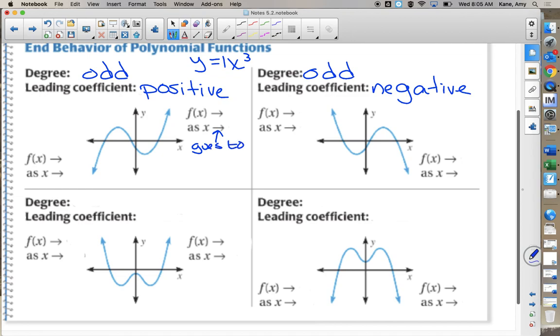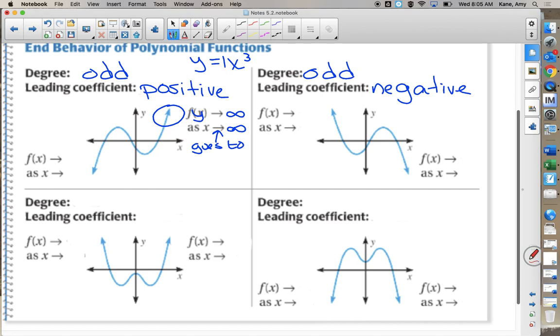So as x goes to infinity, that means I'm on the right side of my graph. f of x, or if you like to think of it as y, because sometimes y is easier to think of than f of x, also goes to infinity. So if I look at my end behavior, that's the part where the graph ends. Well, it's going to infinity on the right side of the graph.